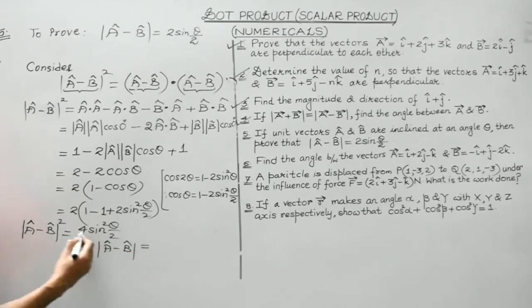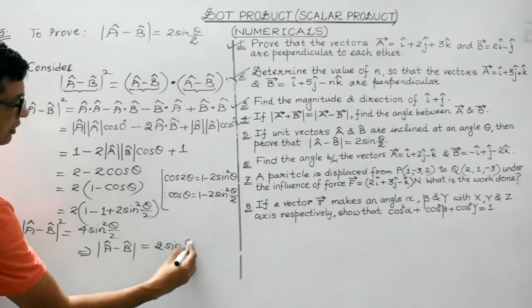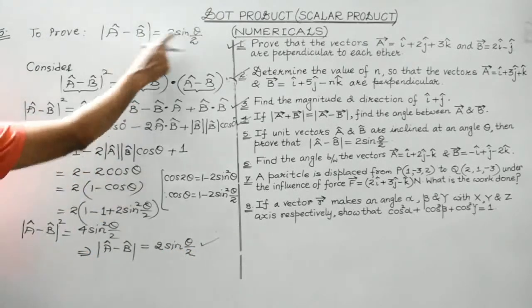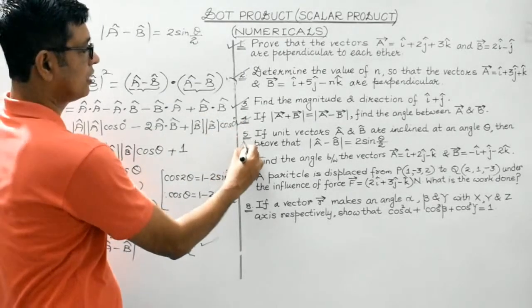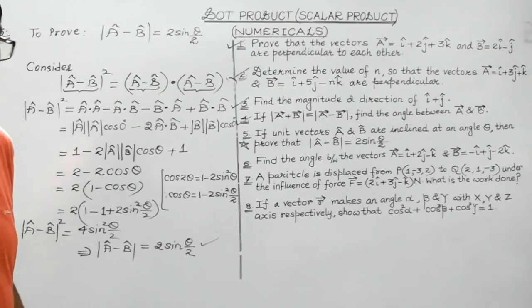It will be equal to square root of this. It will be twice sine theta by 2. So this is it. This is what we are supposed to prove. And we have verified the result. Right? So this was a very, very important and good question. So we are over with question 5 as well.